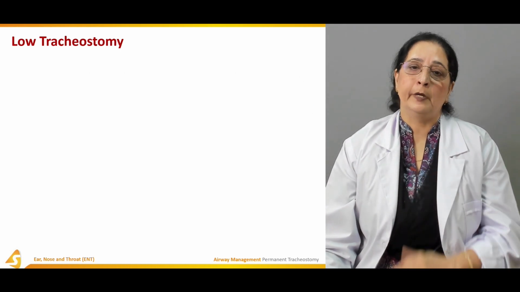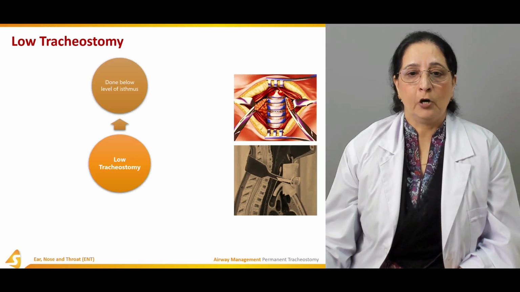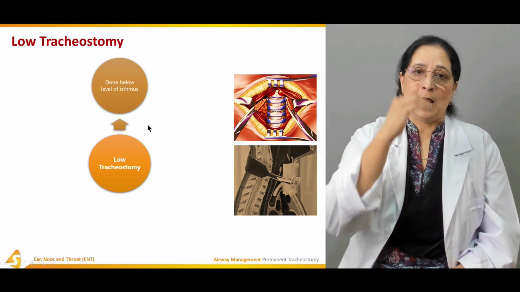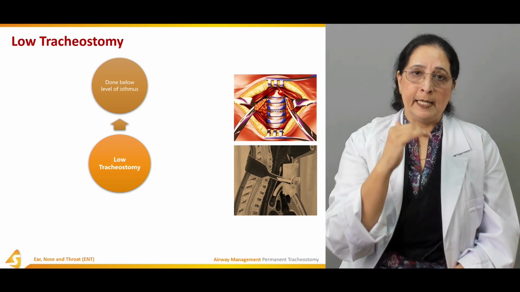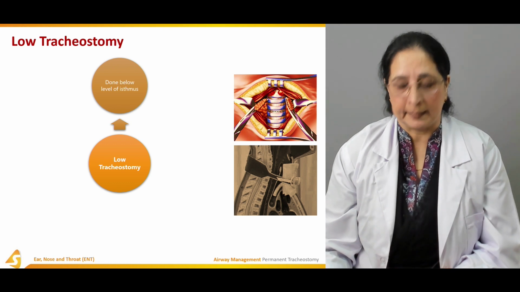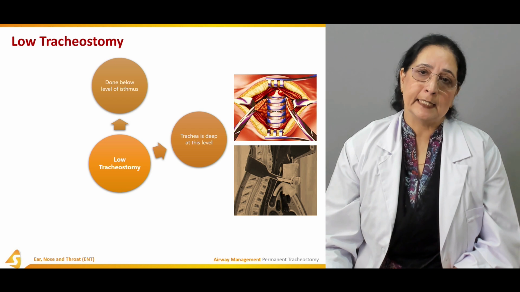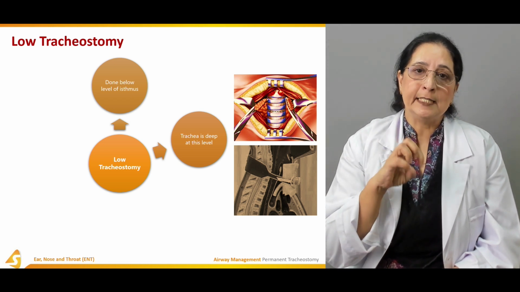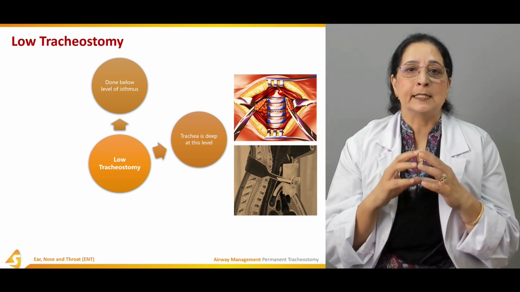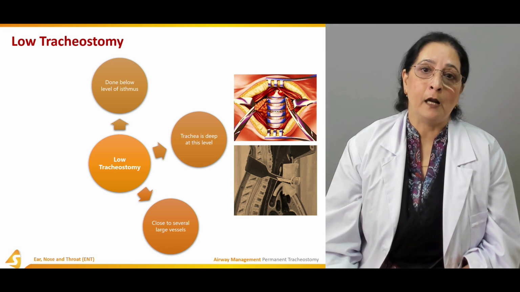Now the third is the low tracheostomy. Low tracheostomy is done below the level of the isthmus. So first high above the level, then in the middle, and then this is below the level of the isthmus. The trachea is deep at this level, so we need to go deep to access this site, close to several large vessels.